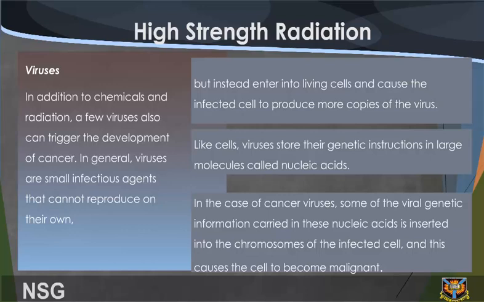Like cells, viruses store their genetic instructions in large molecules called nucleic acids. In the case of cancer viruses, some of the viral genetic information carried in this nucleic acid is inserted into the chromosomes of the infected cell, and this causes the cell to become malignant.